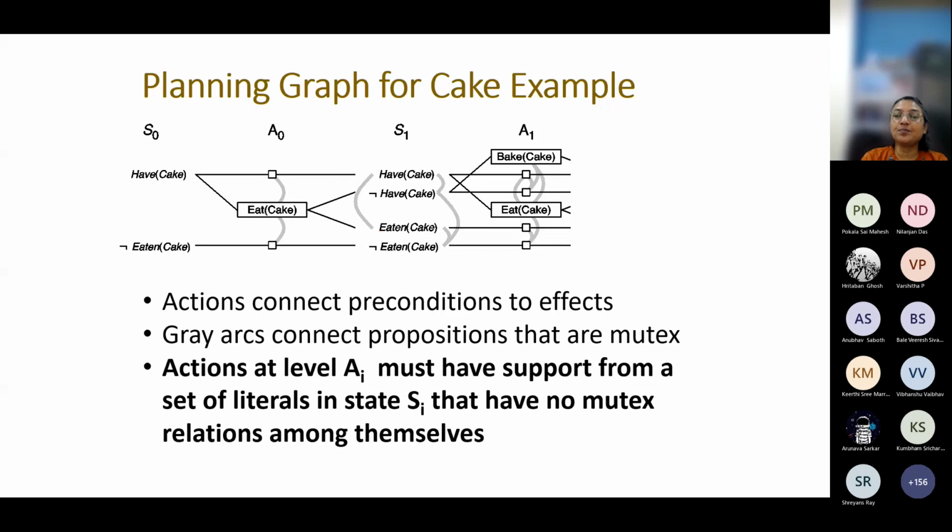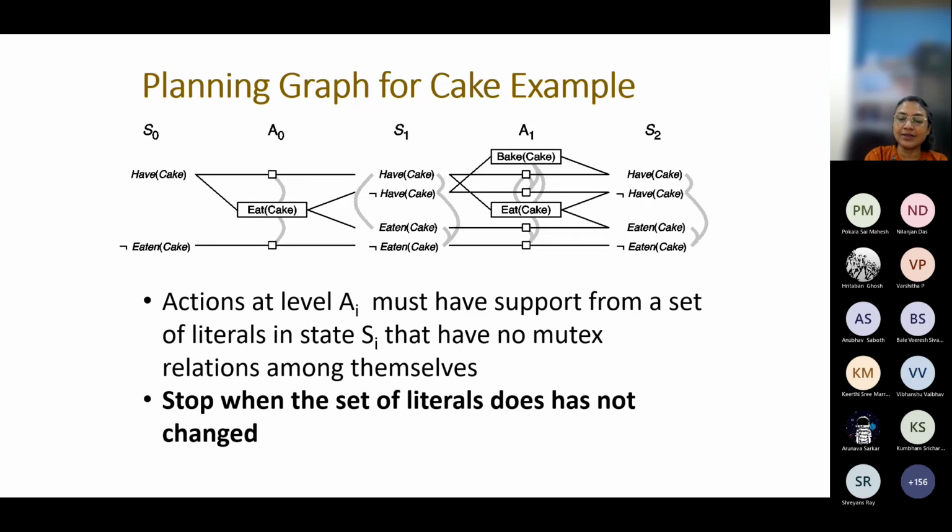Next, we now put A1. In A1, we also have eat cake, but we also have bake cake because not have cake is there, which is a prerequisite of bake cake. So in A1, we'll include both bake cake and eat cake, and we have to work out the different mutexes, which also become clear after we have got S2.